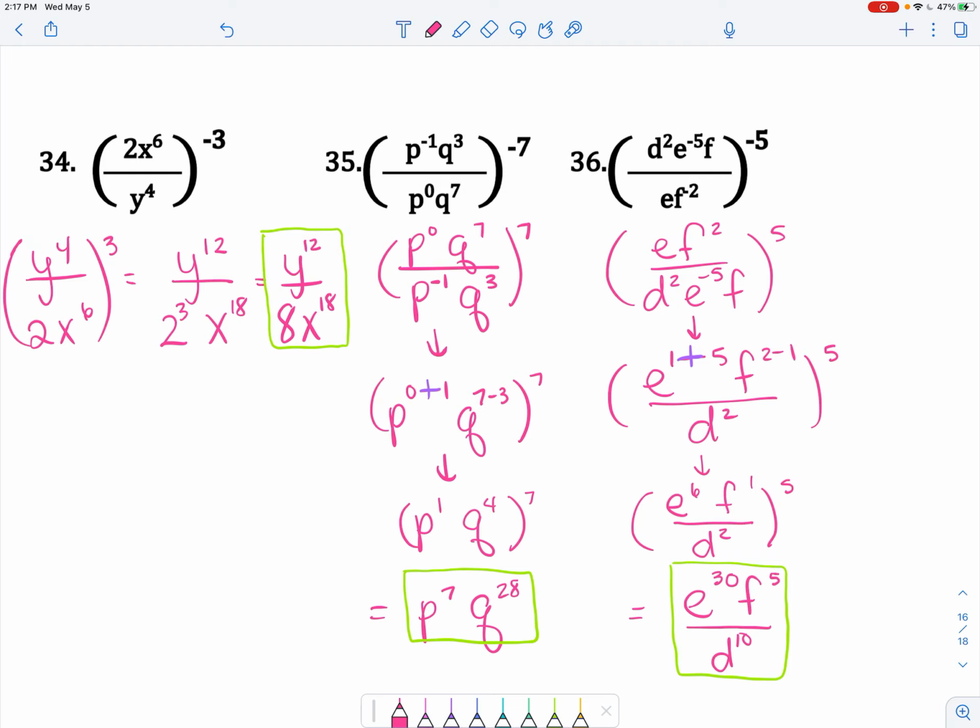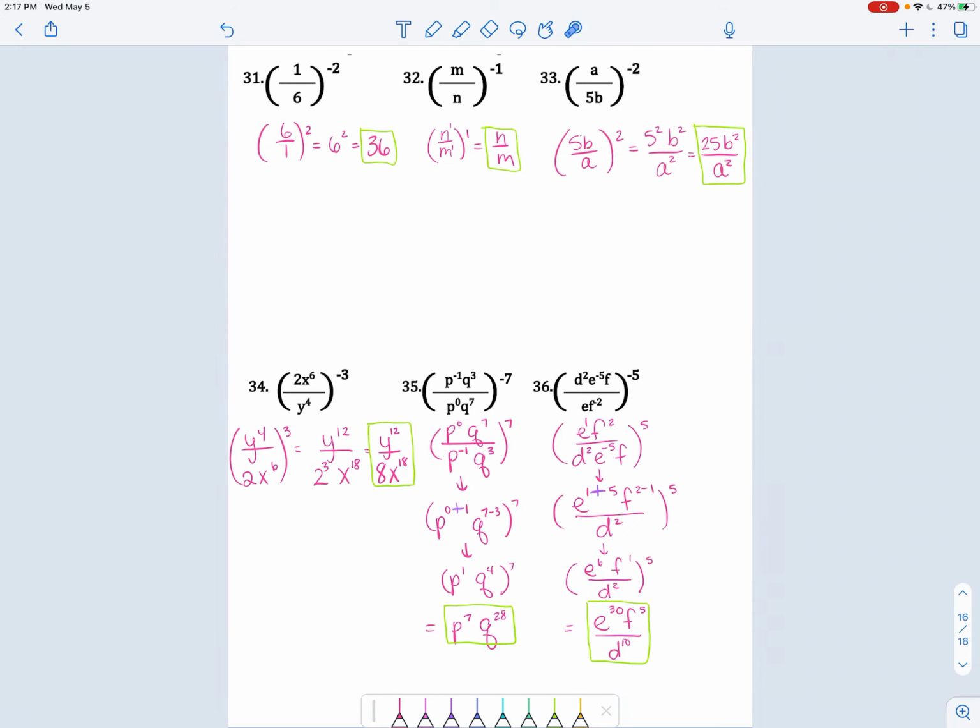When you go to subtract for your base e, you're doing that invisible 1 minus that negative, so minus negative makes that a plus, and then you're going to get your exponents of 6 and 1 when you subtract here. All being raised to the power 5, so then multiply those exponents together, and this is what I got as my final answer.